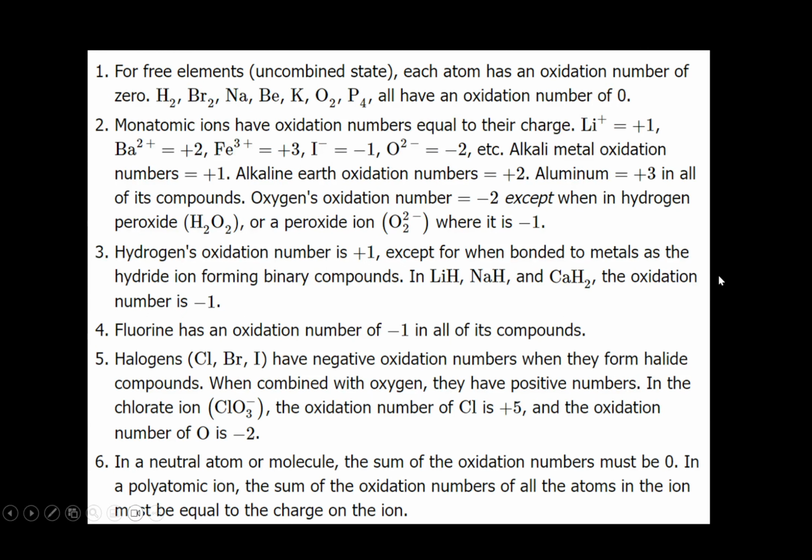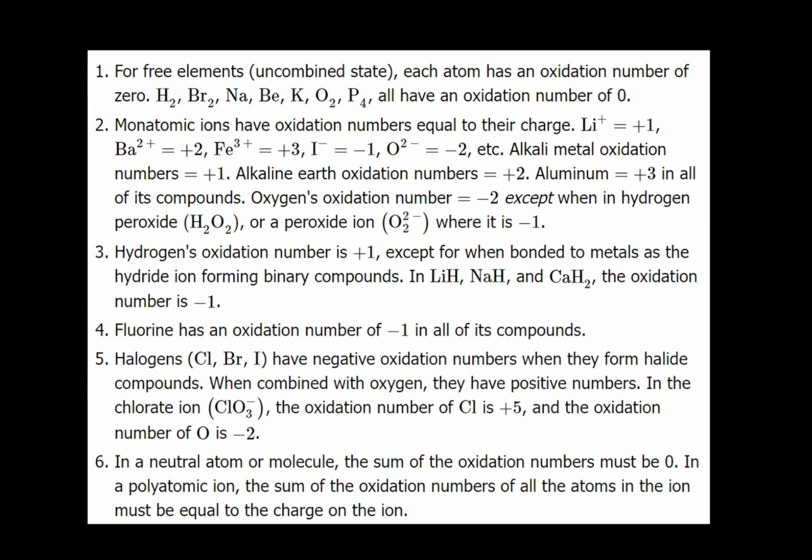So the group 1 elements that we know of, what are those group 1 elements? These are the alkali metals that we know, what are they? When you see them, you should be able to know their oxidation states immediately.